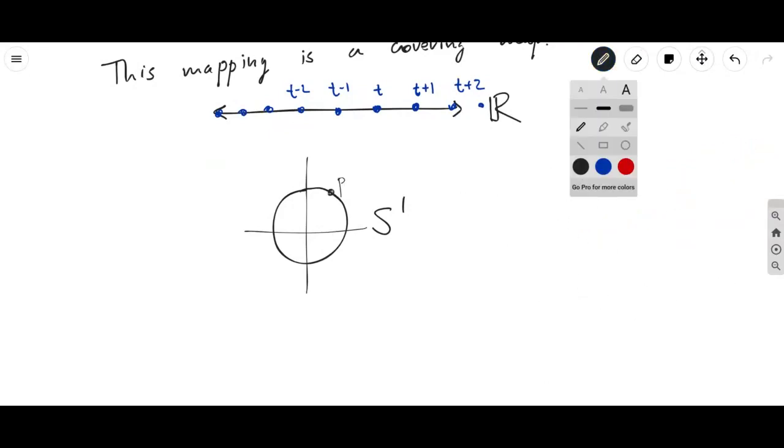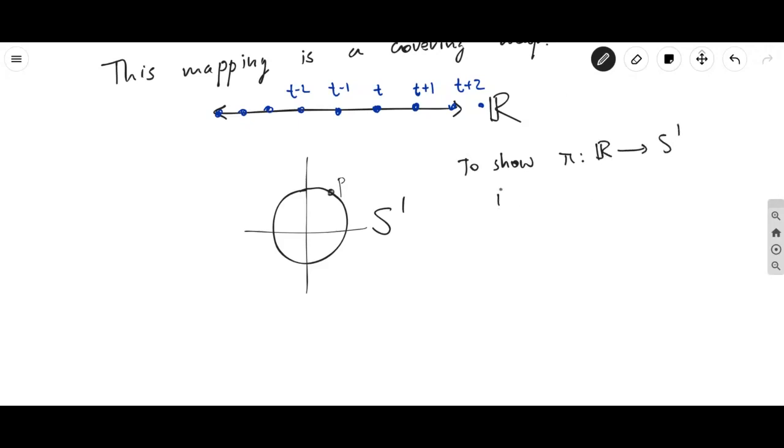So we need to show that pi from the real line to the circle S1 is a covering map.